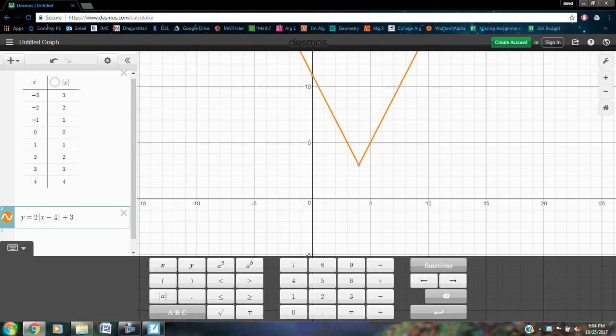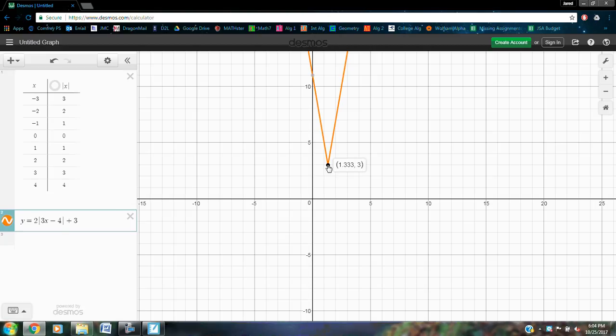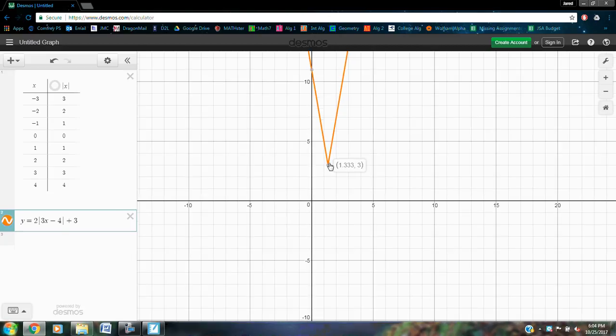Now, if I were to put a 3 in front of this, notice how the only things that changed were the left and right position of the vertex and the slope. The slope is no longer this 2, the slope is actually 6. From here, you would be going up 6 and over 1 to the next point.